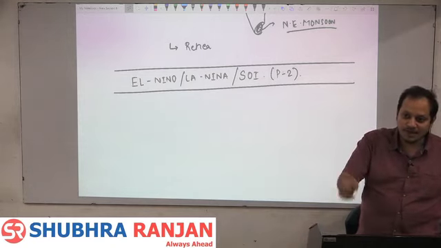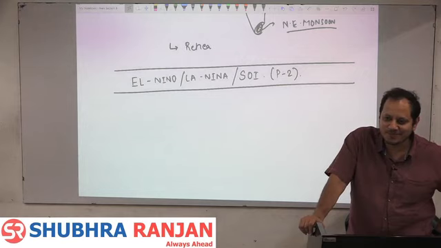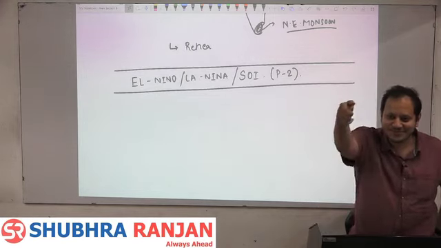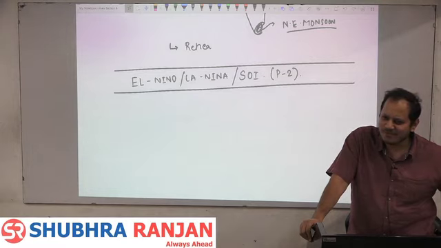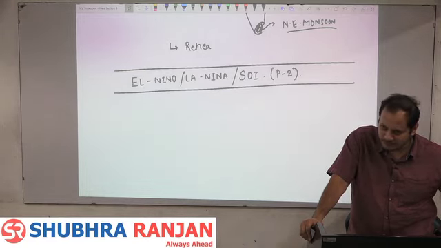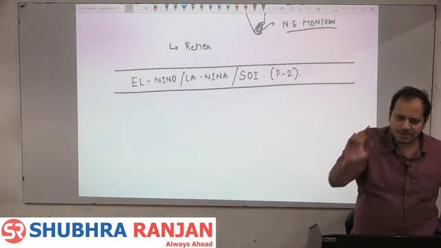How will you define El Nino? What are the opposite conditions? Why is it caused?